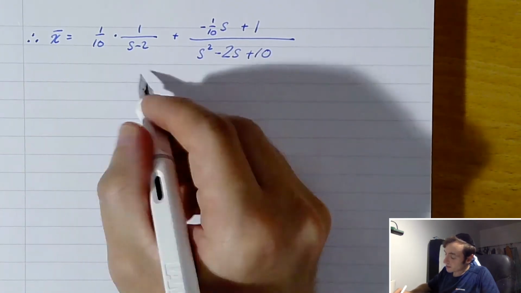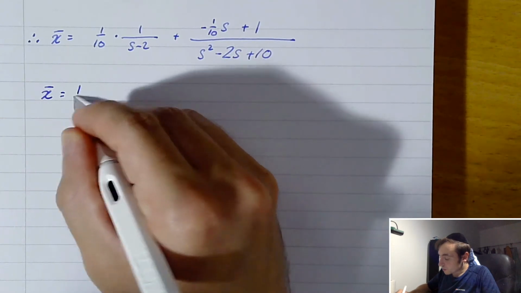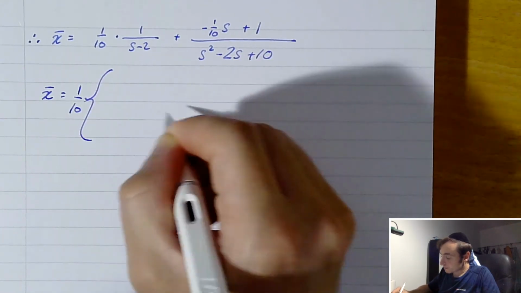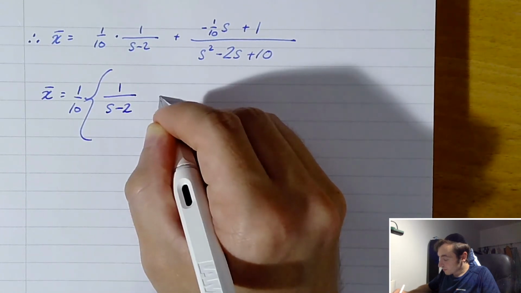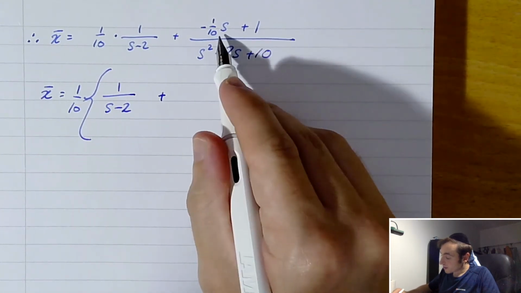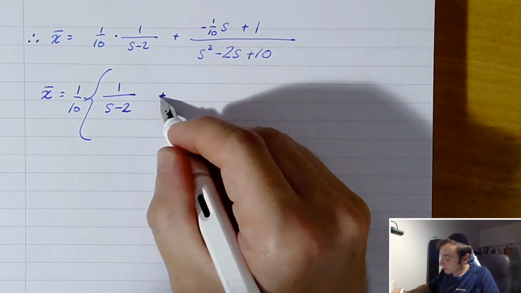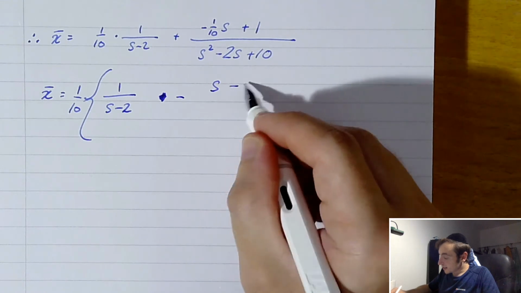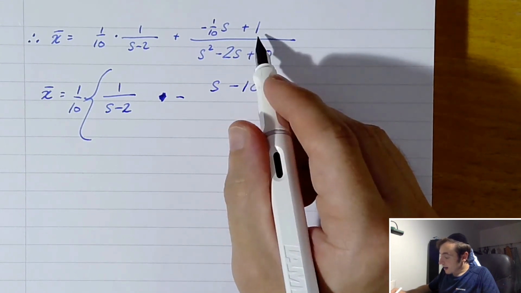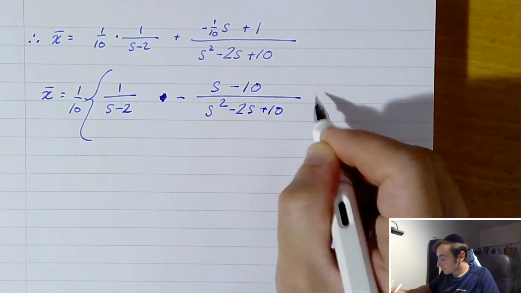So let's do that. We end up with x bar equals 1/10 times 1 on s minus 2, plus, in fact I'm going to change that to minus, s minus 10 on s squared minus 2s plus 10.